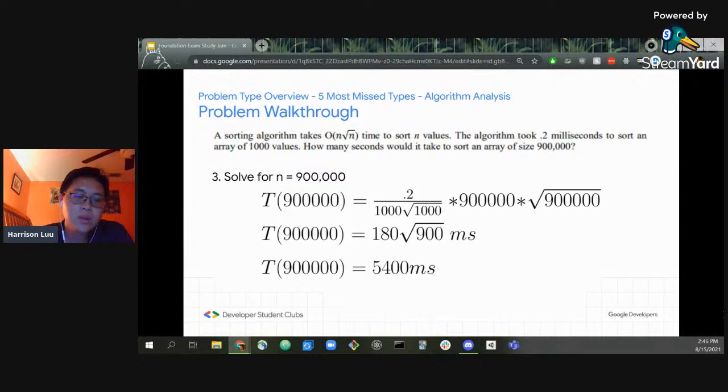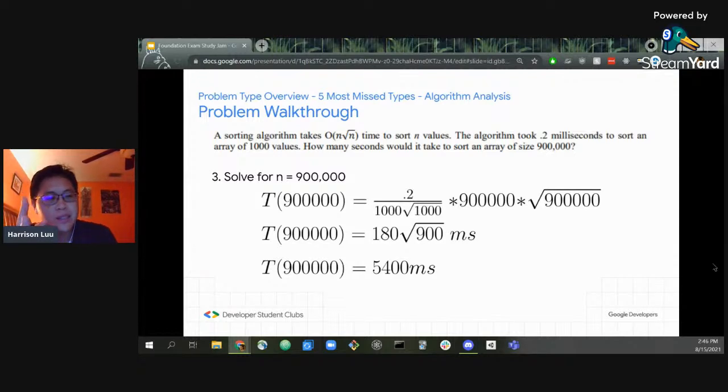So you substitute 900,000 for all the n's, but for the c value, you use the constant that you found in the second step. That constant, of course, is 0.2 over 1000 times the square root of 1000. And with basic algebra and arithmetic, you eventually come out with 5,400 milliseconds.